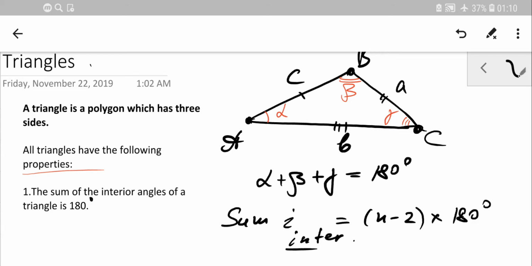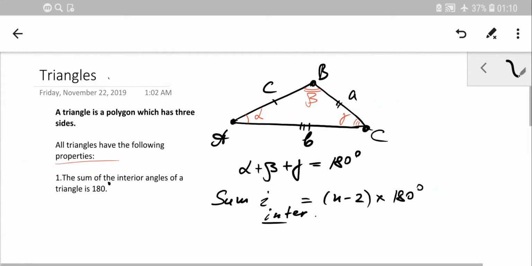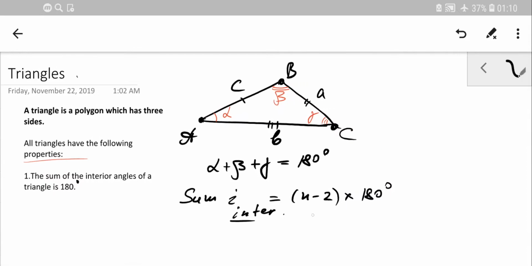If you know that, that's okay. You simply plug in, in our case, the number of sides n equals 3. So the sum of all three angles, alpha, beta, and gamma together, is 3 minus 2 is 1, and 1 times 180 is simply 180.